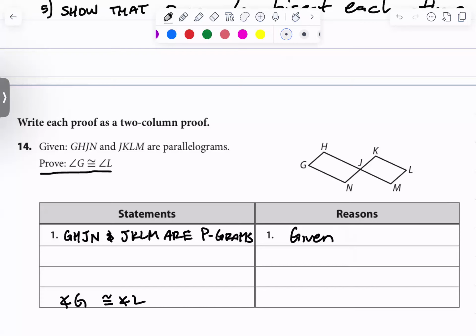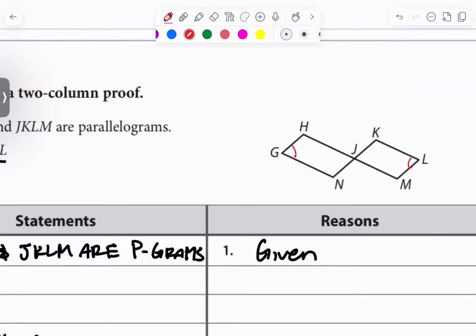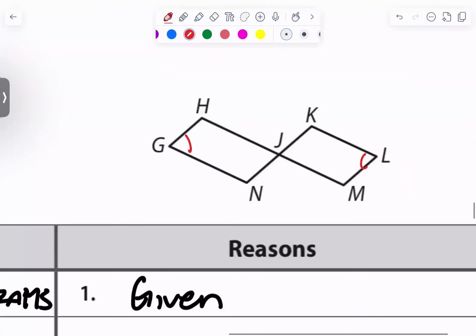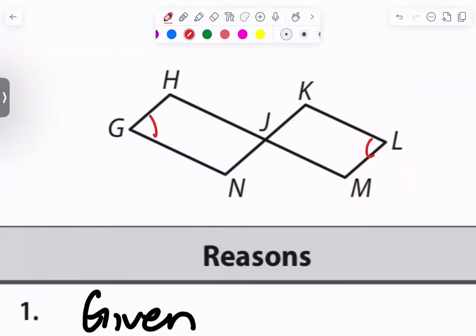How do I prove that this angle is congruent to this angle? I know that those quadrilaterals right there are parallelograms. Take about 15 seconds to prove it without writing it.